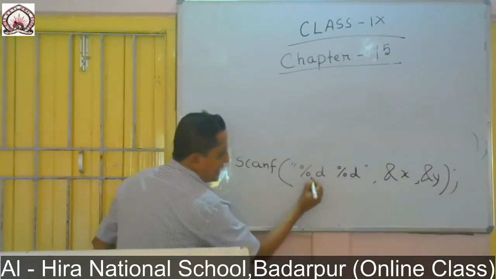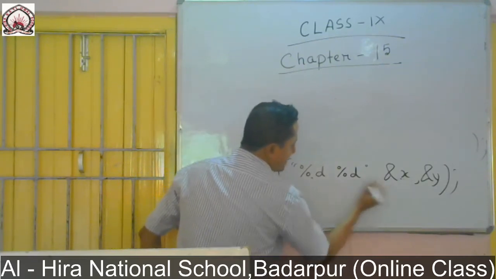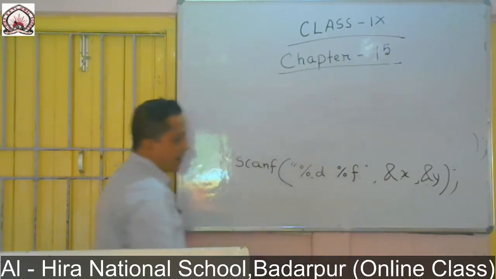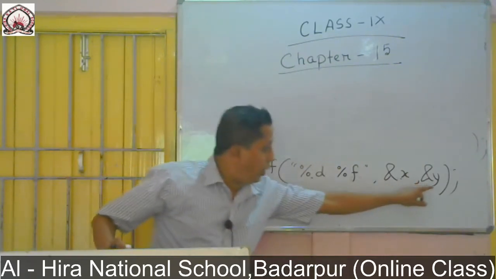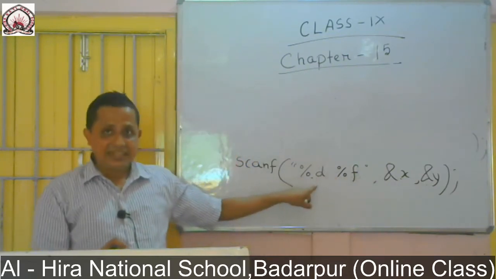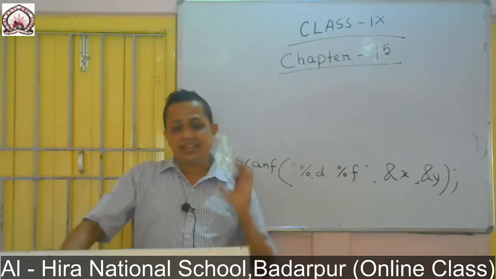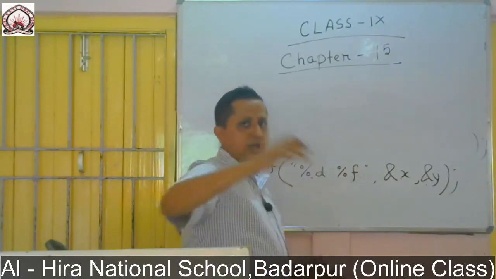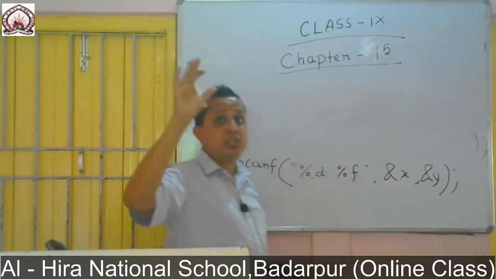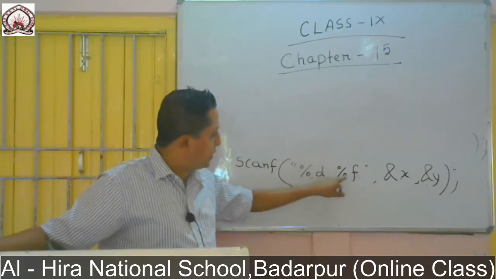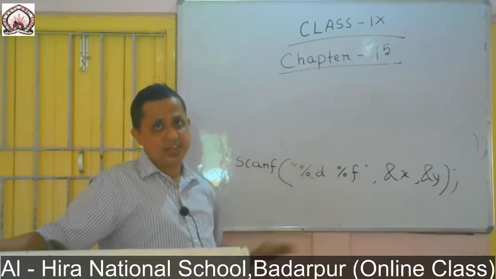Now suppose I have given a %f, then what will happen? The value of y is floating and the value of x is integer. If you do not give space here, the compiler will still work, but it is a good practice to give a space between the 2 control strings.